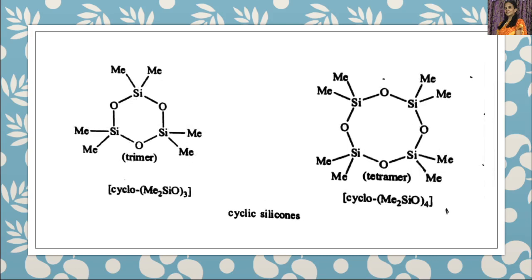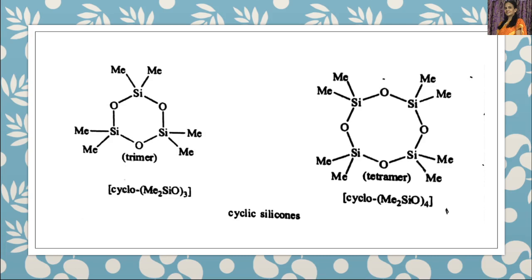Next, cyclic silicone examples. This one: Me2SiO taken thrice. Me2SiO, this is one part, Me2SiO second part, Me2SiO third part. So Me2SiO taken thrice. This is a cyclic compound which is a trimer of this particular monomer.